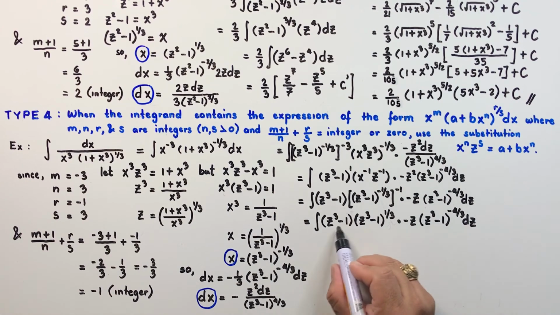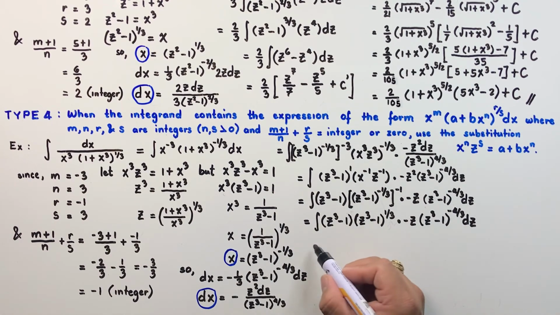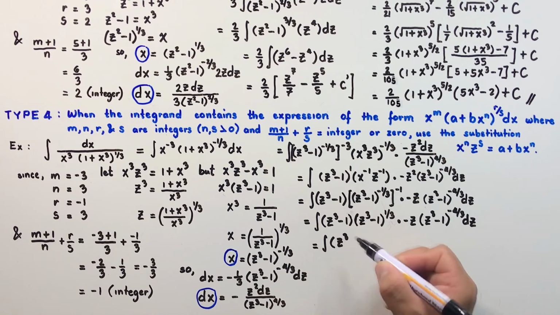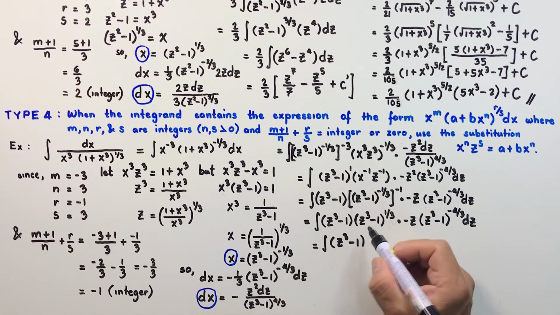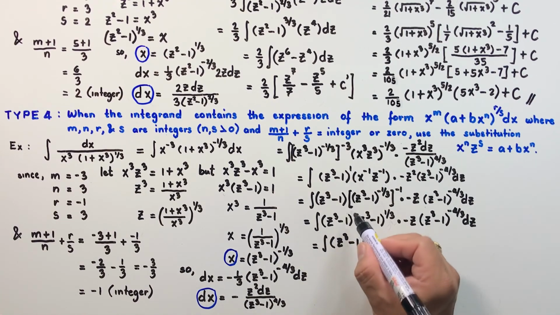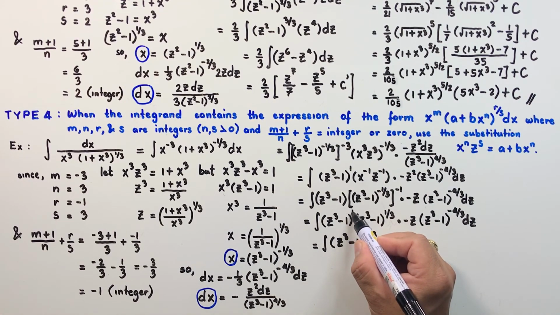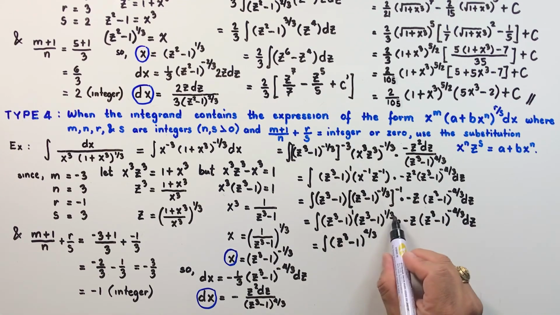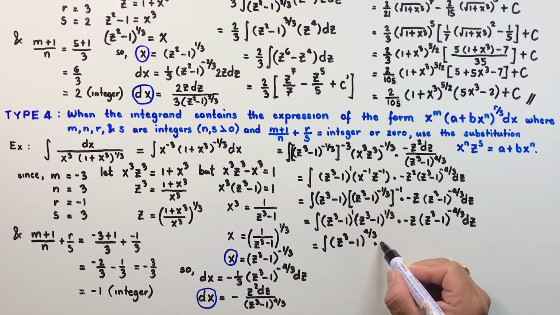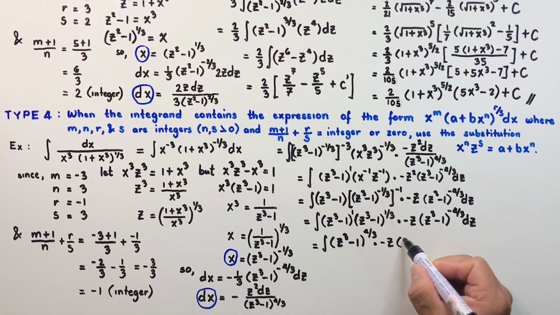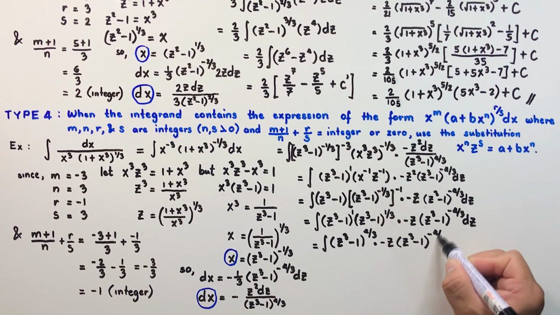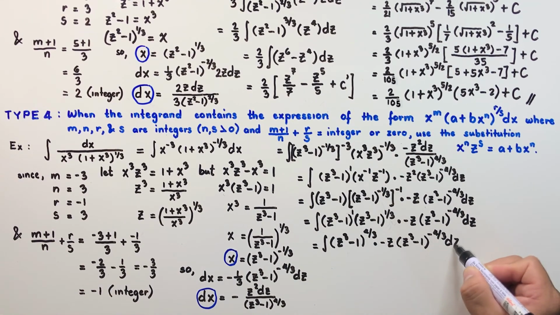And multiplying these two binomials here, we have the integral of z cubed minus 1 to the exponent of 4/3, because this binomial is understood to have an exponent of 1. So 1 plus 1/3 is 4/3. But this is multiplied by negative z times z cubed minus 1 to the exponent of negative 4/3.